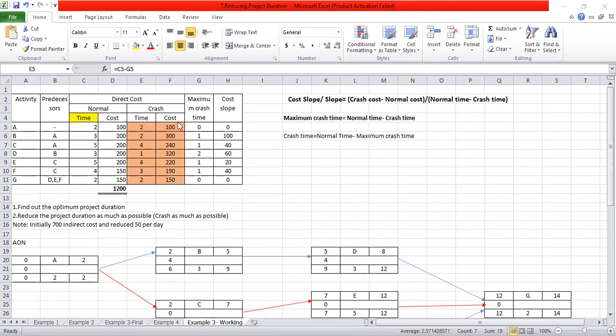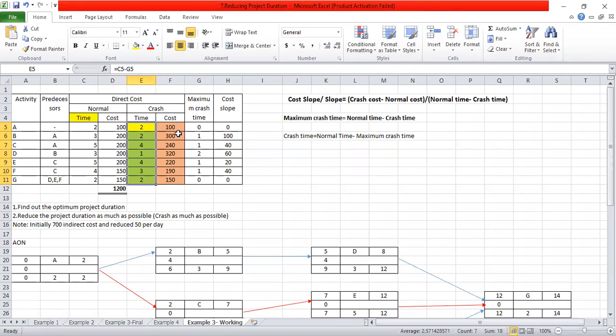Then after that we can calculate the crash cost, right? In calculating the crash cost, we have done this part, and you can use this cost slope equation. Now you know the normal cost, which is already given, the normal time, which is already given, and the crash time we have now calculated.